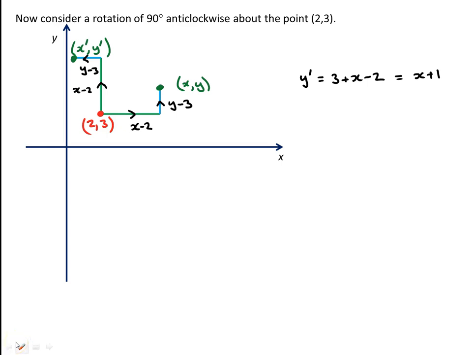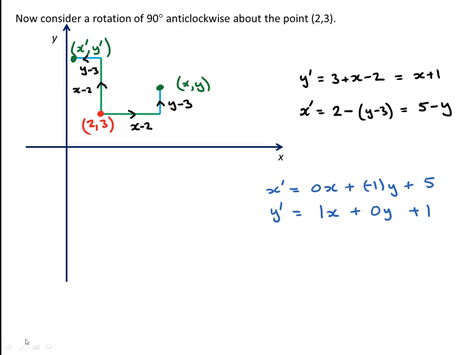So, in moving from the centre of rotation to the image point, x dash, y dash, we have got an x step of negative y minus 3. So that means that x dash must be 2 take away y minus 3. In other words, x dash is 5 minus y. So we've got x dash is 0x plus minus 1y plus 5, and y dash is 1x plus 0y plus 1.